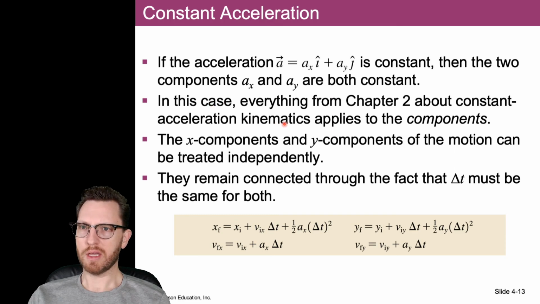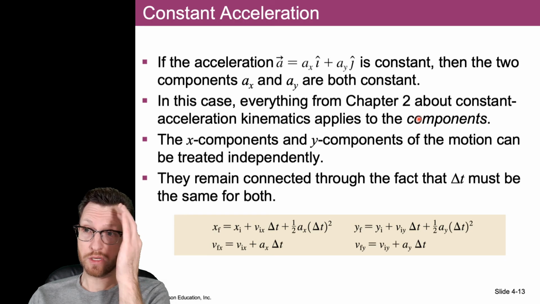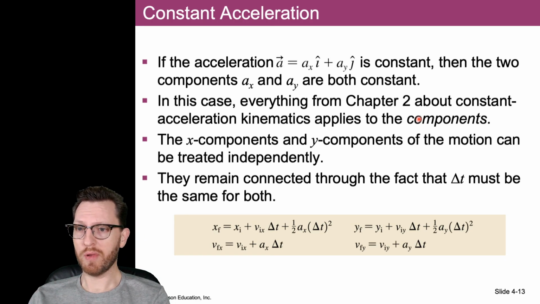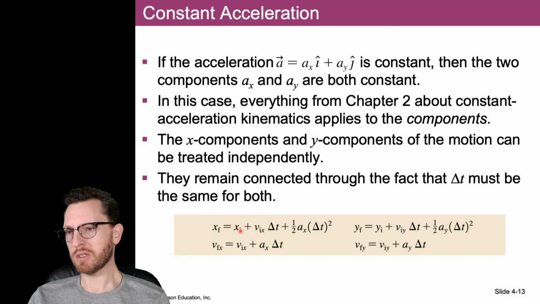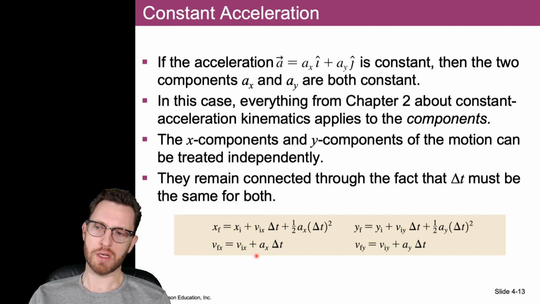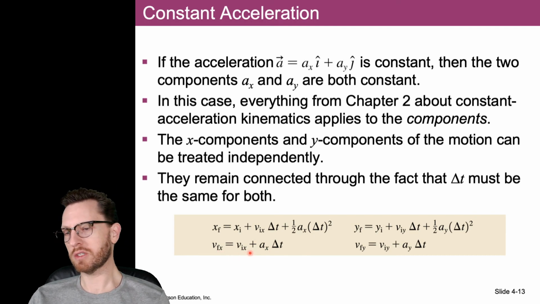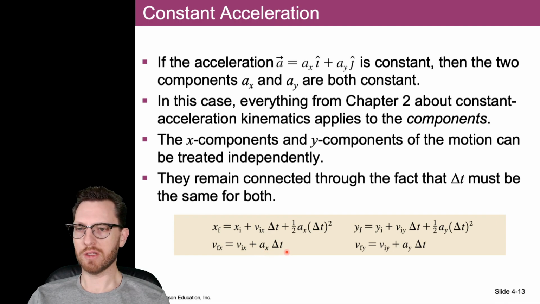In this case, everything from chapter 2 that we saw about constant accelerations applies for the individual components. If I get rid of the y component, I have just what we saw in chapter 2: I can find the new x position if I know the initial x position, the initial velocity, the constant acceleration and the time interval. I can also find the final velocity if I know the initial velocity in the x direction, the constant acceleration and the time interval.